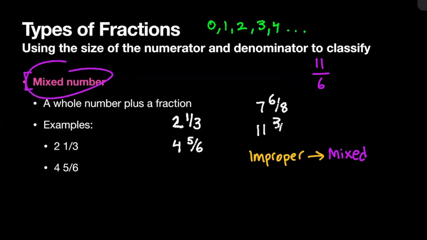The numerator is bigger than the denominator, right? 11 is greater than 6. So we want to see how many times the denominator goes into the numerator. How many times does 6 go into 11? One time, two times? Does anyone know?